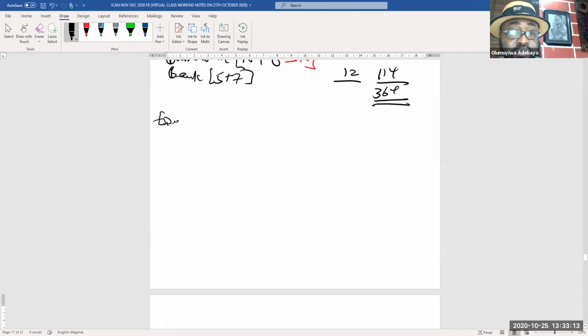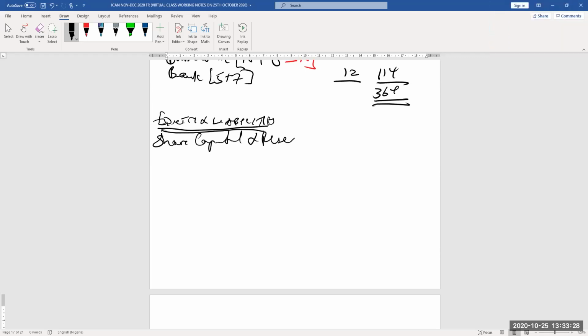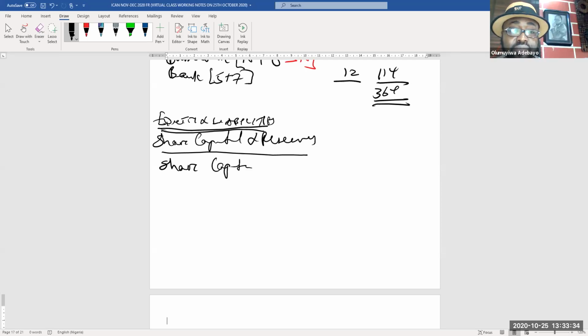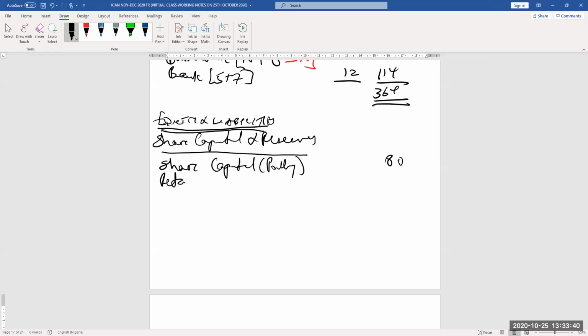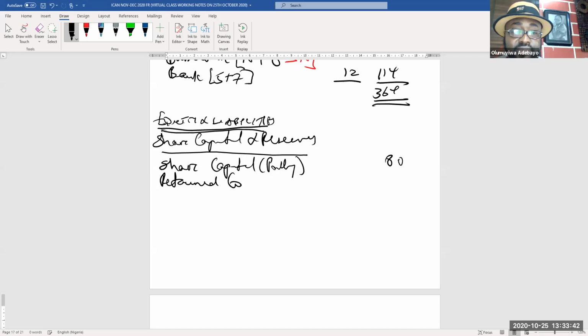Equity and liability. Share capital 8 million, and reserves. What's our share capital? It's Pali only. How much? 8 million. What is our retained earnings as consolidated?